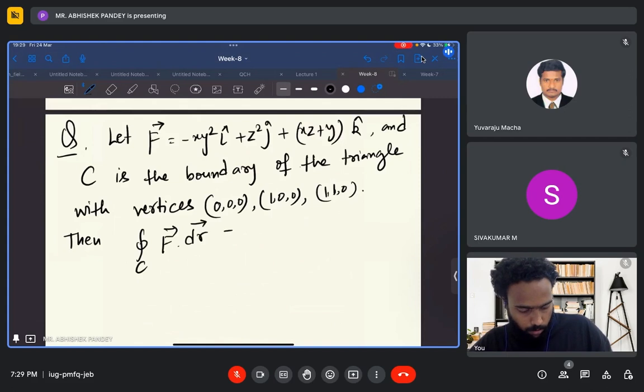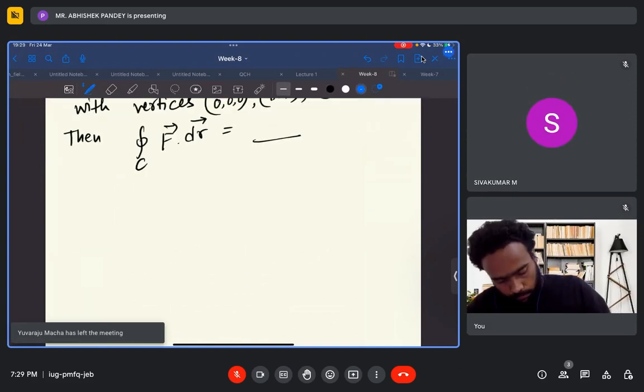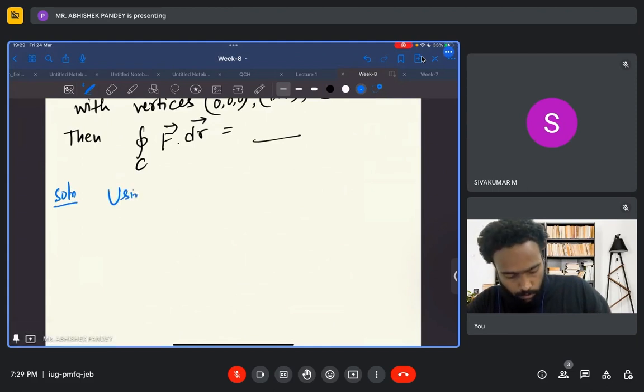Dr is equal to this one, correct. Okay, so again here we will use Stokes theorem. Using Stokes theorem.